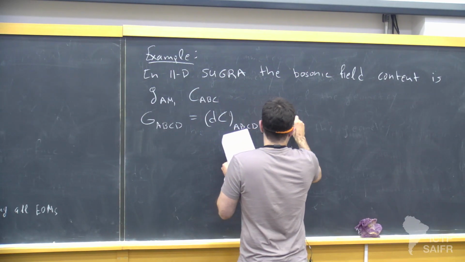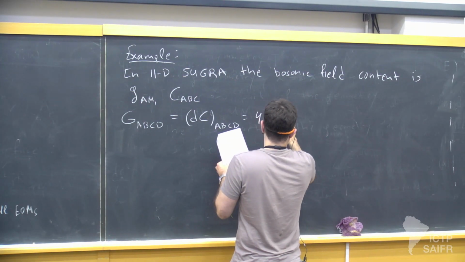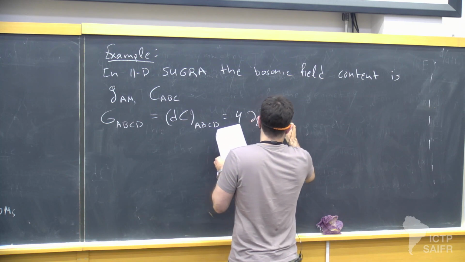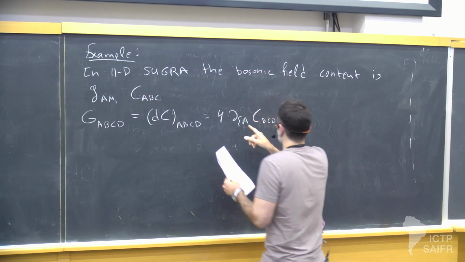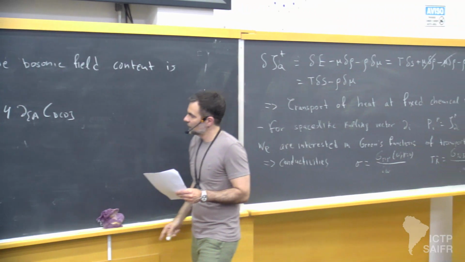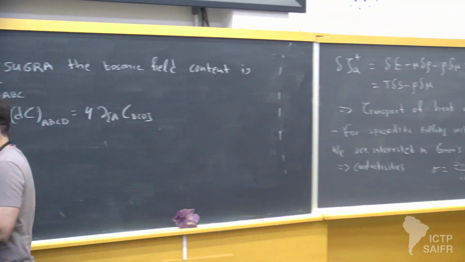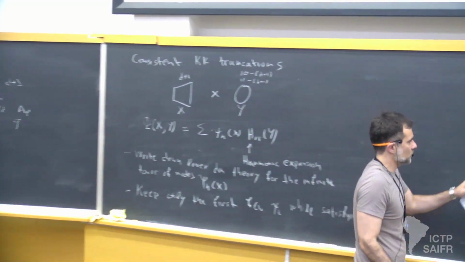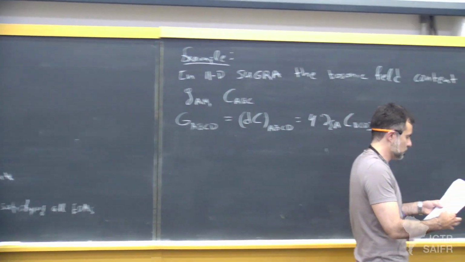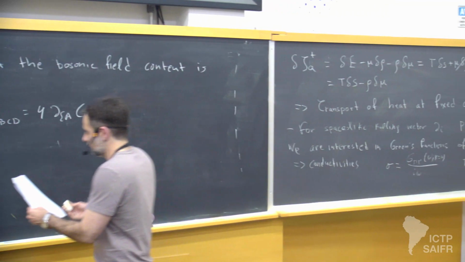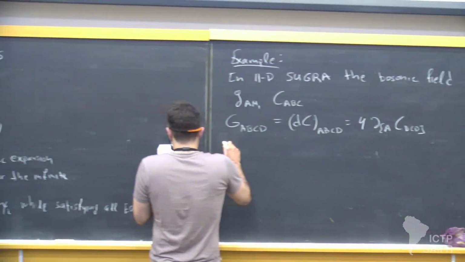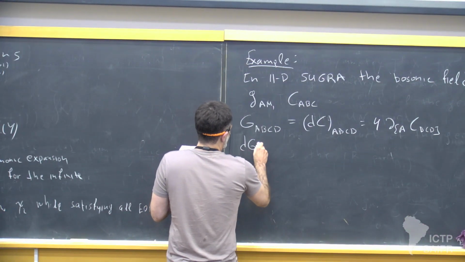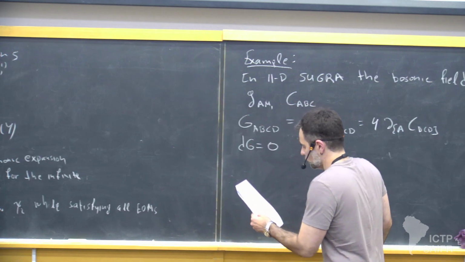You can also write it in terms of partial derivatives. So you take the partial derivative with respect to the A coordinate, you anti-symmetrize everything, and you will get the field strength, which is a gauge invariant object. So this is basically telling you that G will be a closed form.